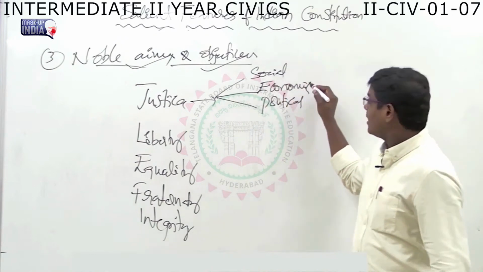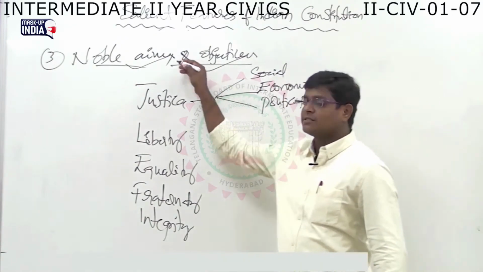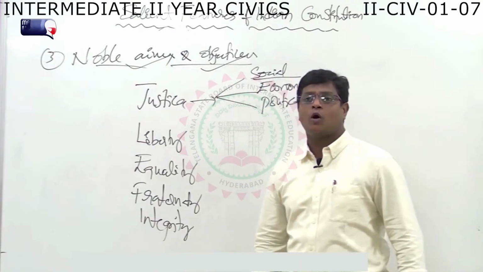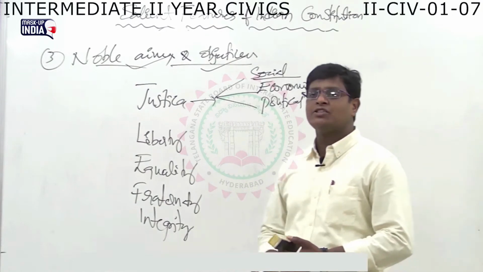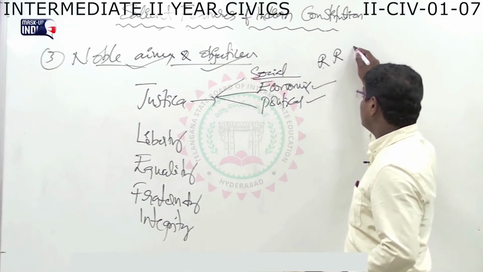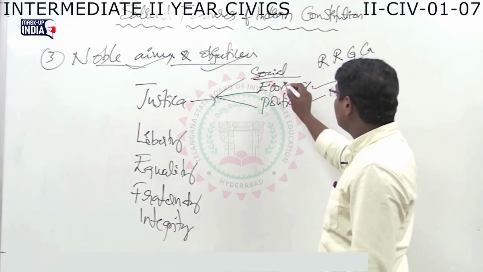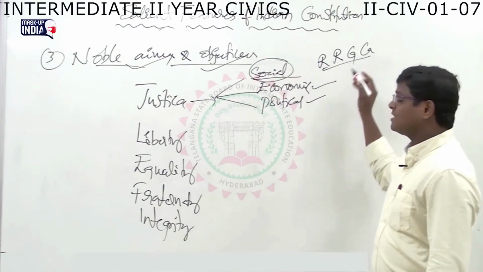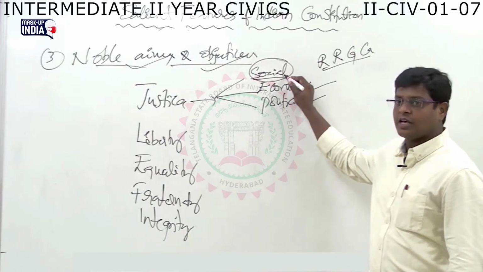The state of India is going to provide social justice to all citizens of India, to eradicate discrimination on the basis of religion, race, gender, caste, etc. That's why the state of India is responsible to eliminate discrimination among the people for providing social justice.